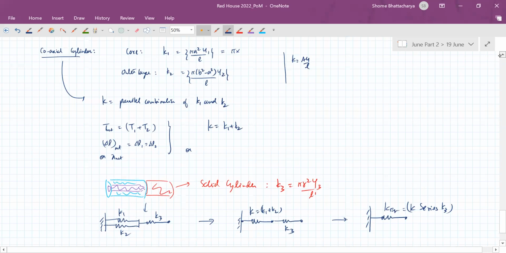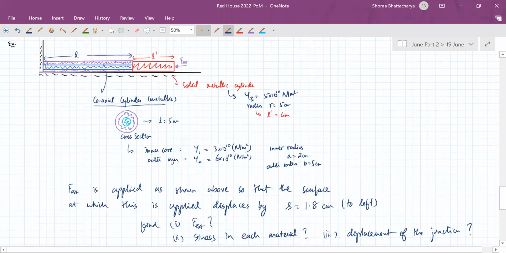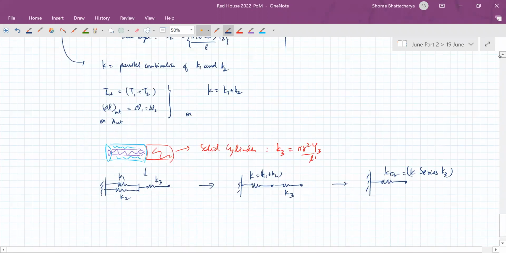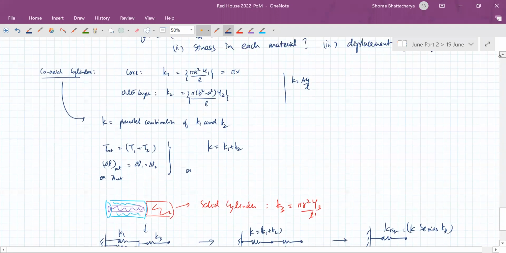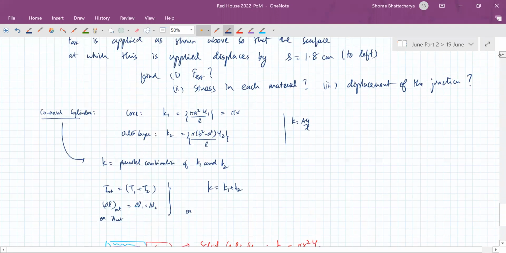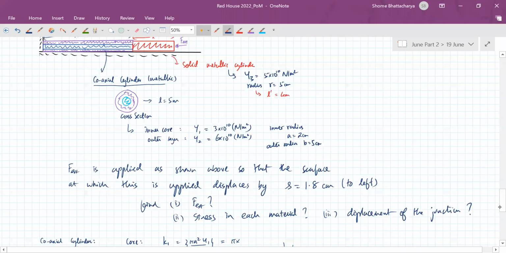Let's pick up the values. So inner and outer radius were 2 and 5 centimeters. Young's modulus was 3 and 6. And natural length was 5 meters. Right?